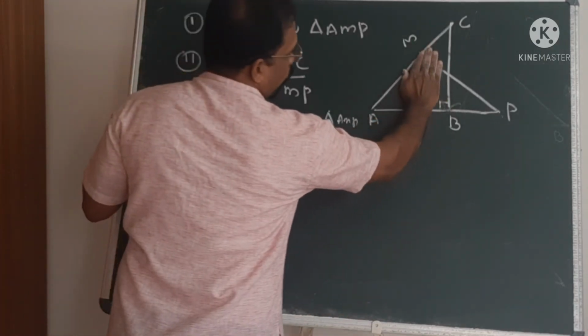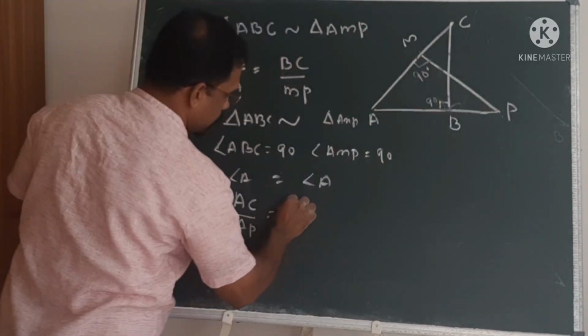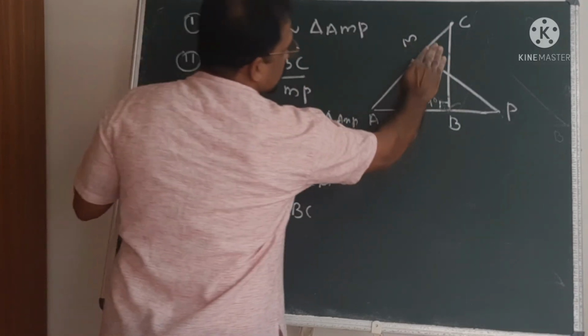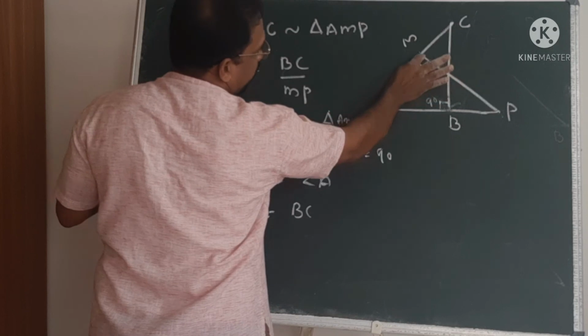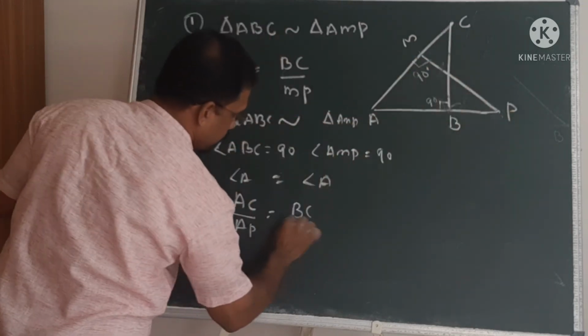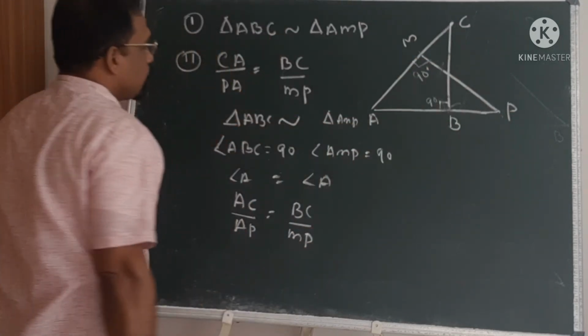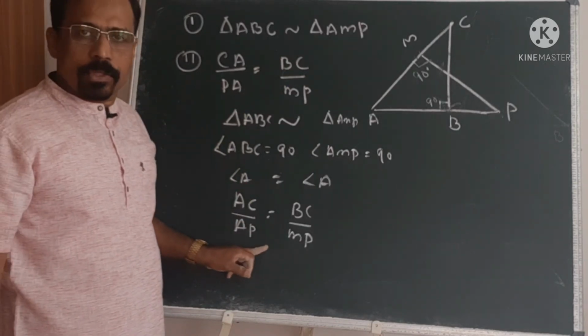Now BC, which is the side proportional to BC? That is MP. This is what we have to prove in the second case.